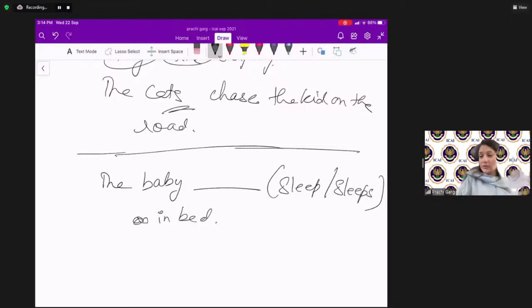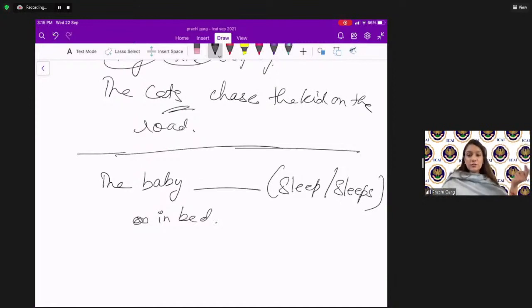Quick, quick, quick. The baby sleep or sleeps? Sleeps. Very good. Correct.